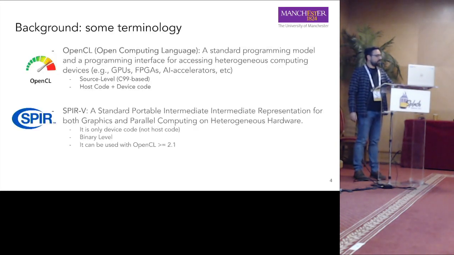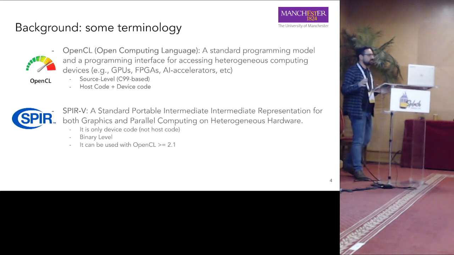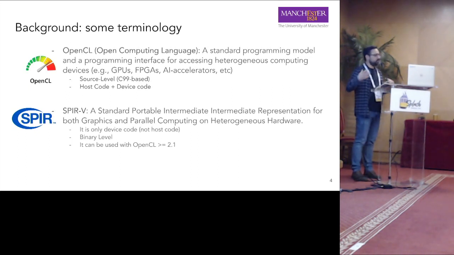Right, so let's set up some terminology. OpenCL is called Open Computing Language. It's a programming model and standard for accessing accelerators: FPGAs, RISC-V accelerators, AI accelerators, GPUs. For any vendor that implements the standard, you can use that implementation to run your workloads.